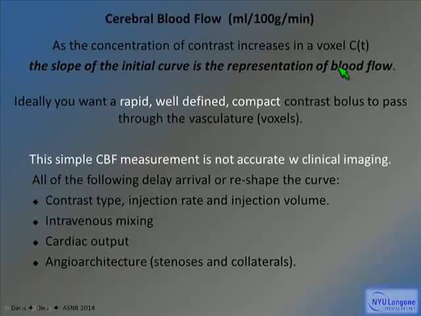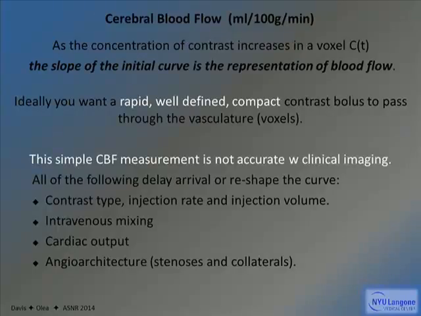So that takes us to cerebral blood flow, which may be the natural indice for looking at areas of ischemia in the brain. Cerebral blood flow can be easily determined by the slope of the initial curve of the upslope of the concentration curve. A rapid upslope, more rapid cerebral blood flow.